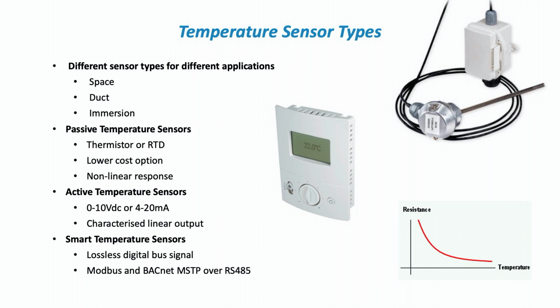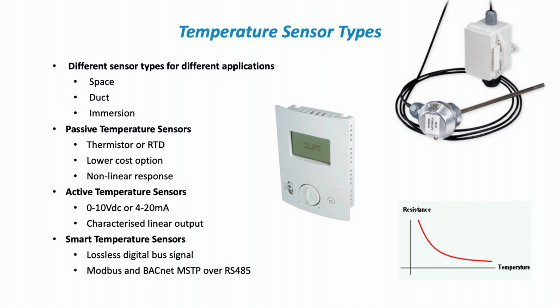But they are a lower cost option. They have a non-linear response though, which means that the further away you get from the center of the curve, if you look at that little drawing down on the bottom right-hand side, we see a flattening of the curve or a steepness of the curve as we move away from that center point. So we need to characterize these sensors.